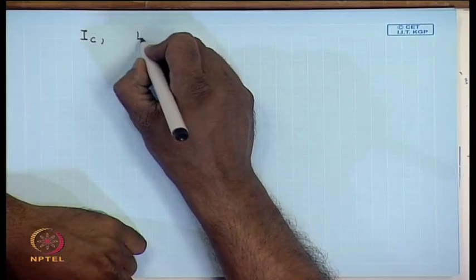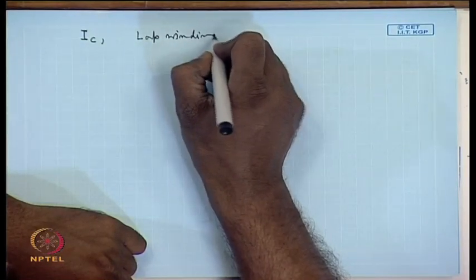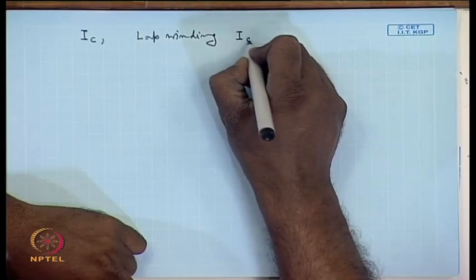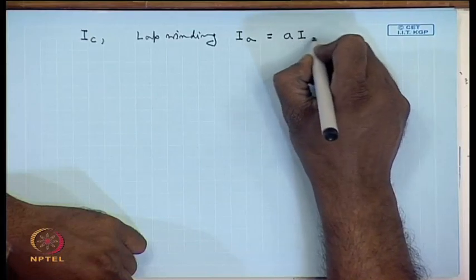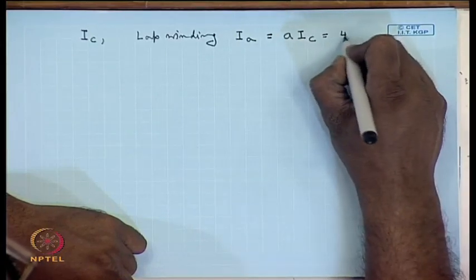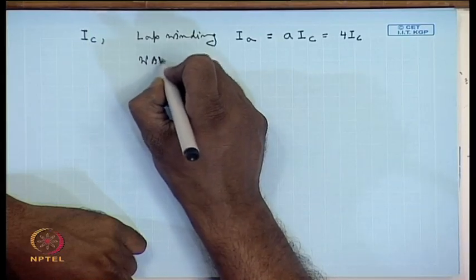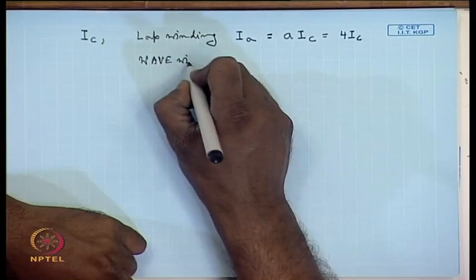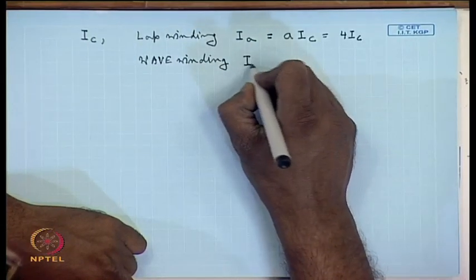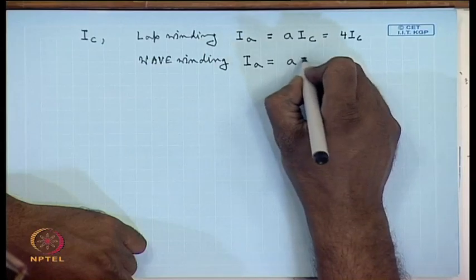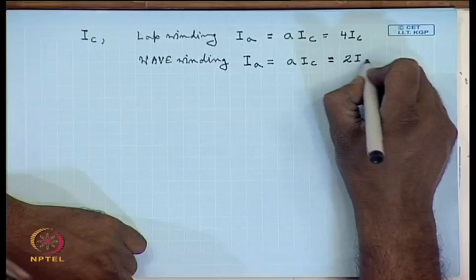Then for lap connection, the maximum armature current I a will be A into I c, that is 4 I c, whereas for wave winding I a will still be given by A I c, but now A equal to 2, so this will be 2 I c.